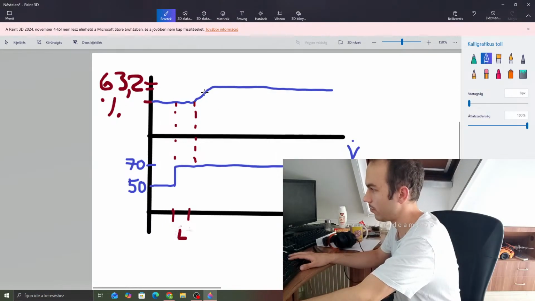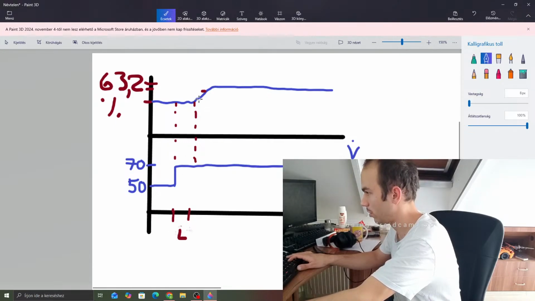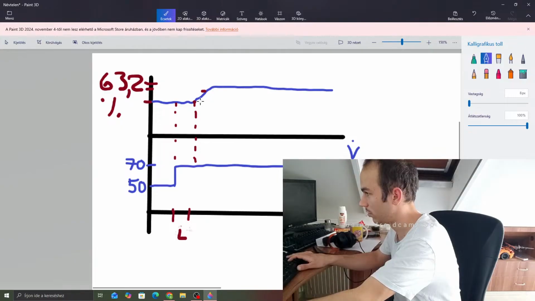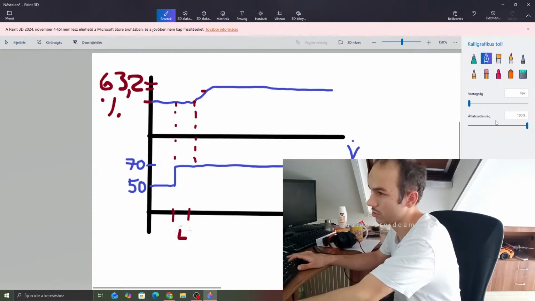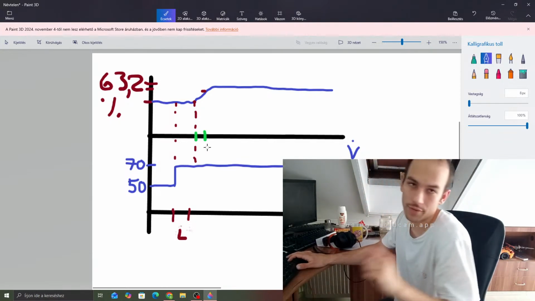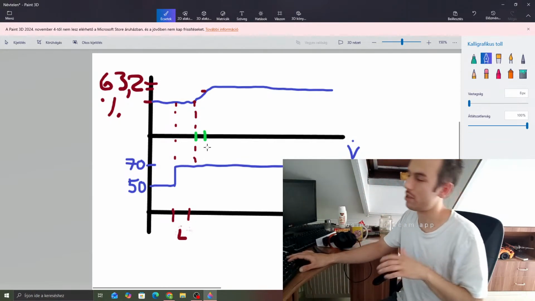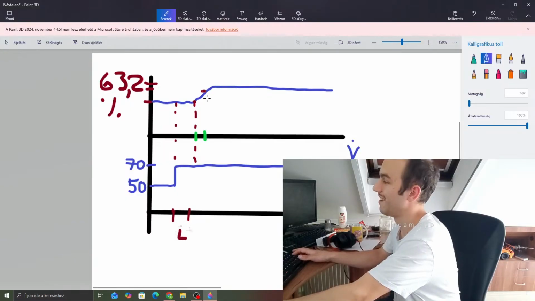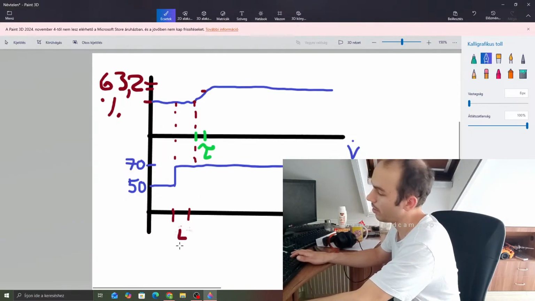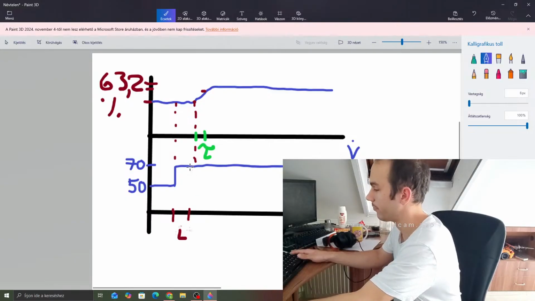That is going to be about here, let's say, and the time from here to here, let's use green, is the time constant. I will have to check this, but I think this is it. This is theta, this is the L, which is that time.